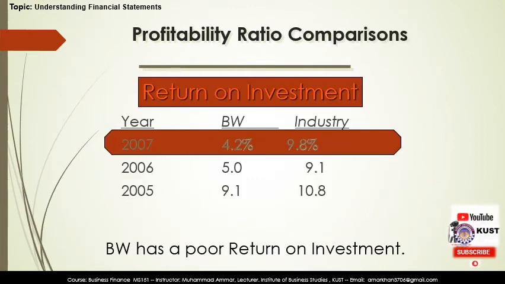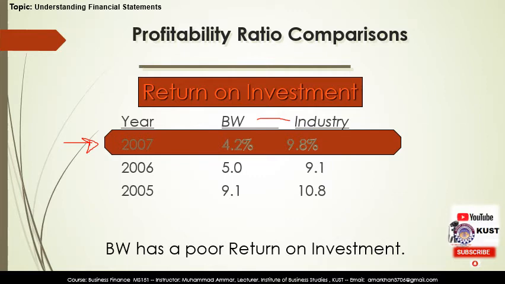So let's see return on investment in comparison to the industry average. On the left-hand side you can see the years 2005, 2006 and 2007, and we are currently talking about the year 2007. In this year Basket Vendor has 4.2%, and on the other hand the industry average is 9.8%.